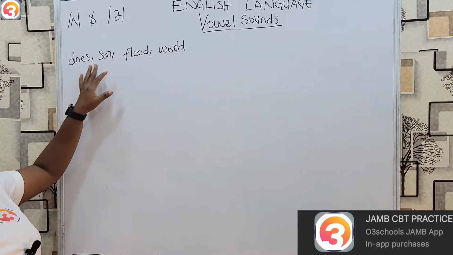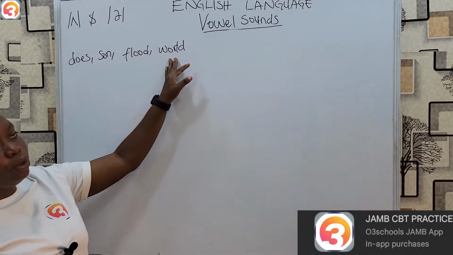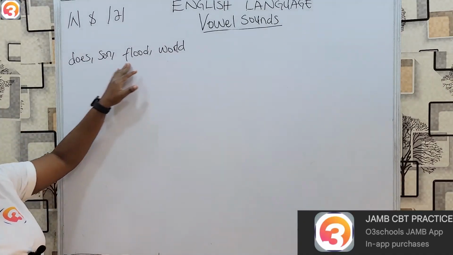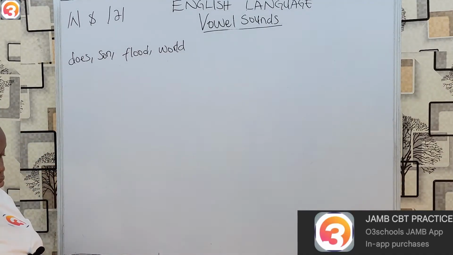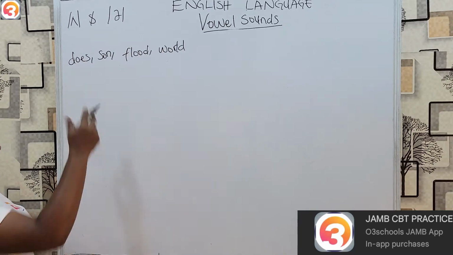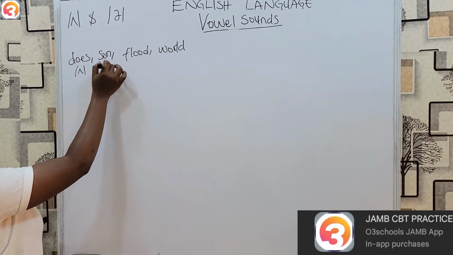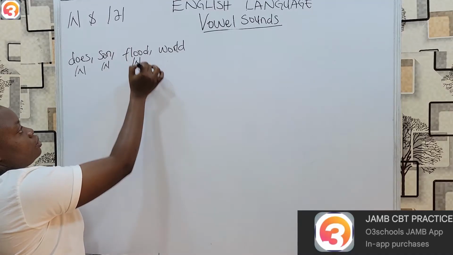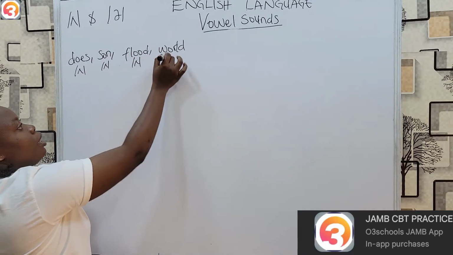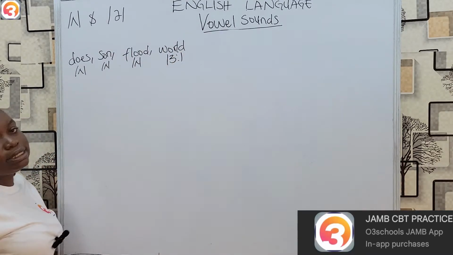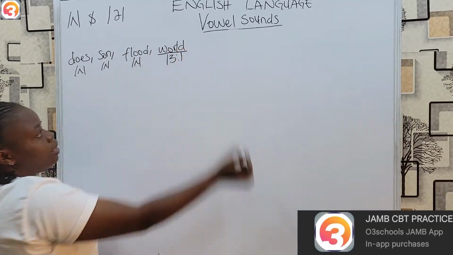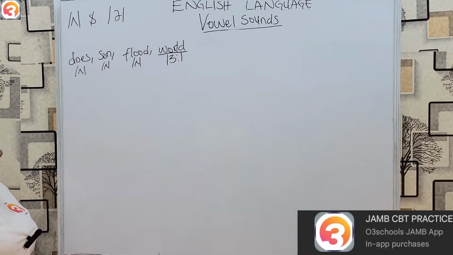We have das, sun, flat, world. These three contain the short sound. The short sound is present here, but it is not here. What we have is the long sound. So this one automatically doesn't belong in this group. It is an odd word there.